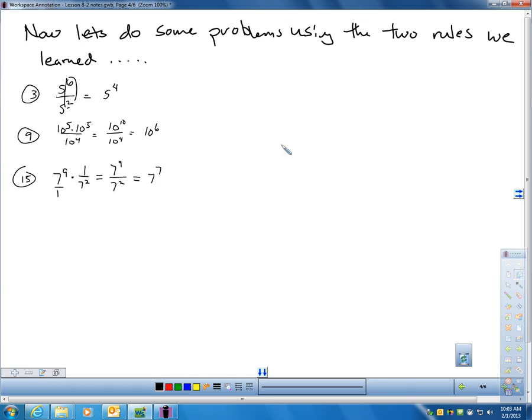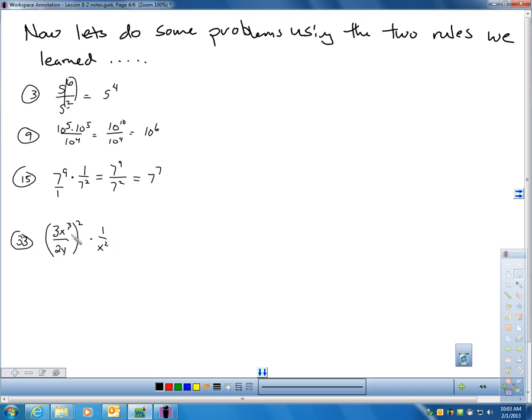Okay. Looking ahead, when you look in the bookwork and you go to a problem like number 33, this is a little bit tougher. But it's just using the rules that we've learned today. You have 3x to the 3rd power over 2y, and that is all squared. And we're multiplying that by 1 over x squared.